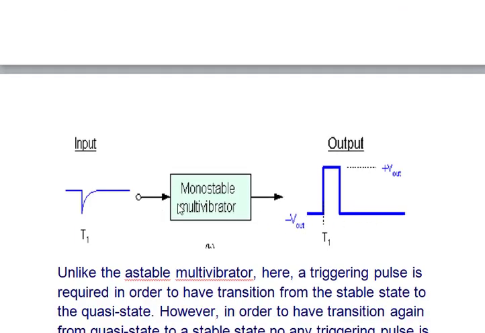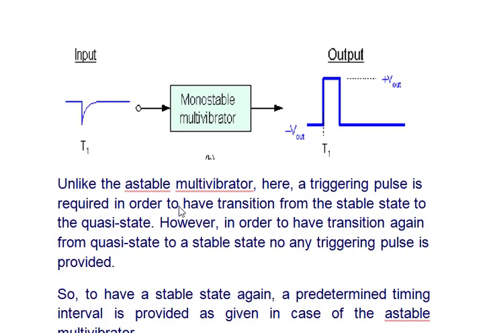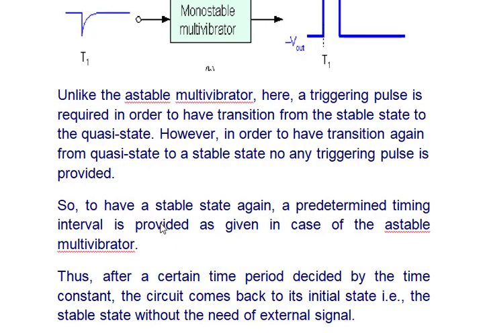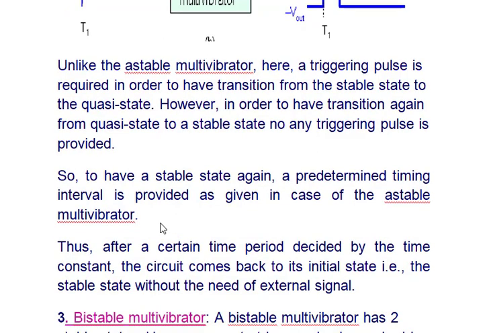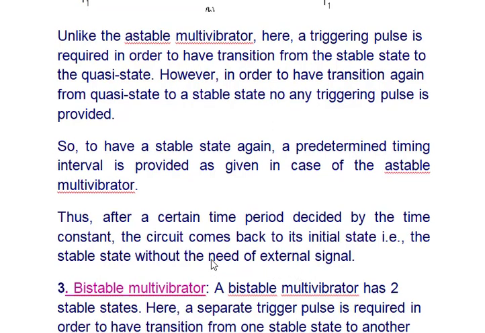Unlike an astable multivibrator, a triggering pulse is required to transition from the stable state to the quasi state. After a certain time period decided by the time constant of the resistor and capacitor used in the circuit, it comes back to the initial stable state without the need of an external signal.